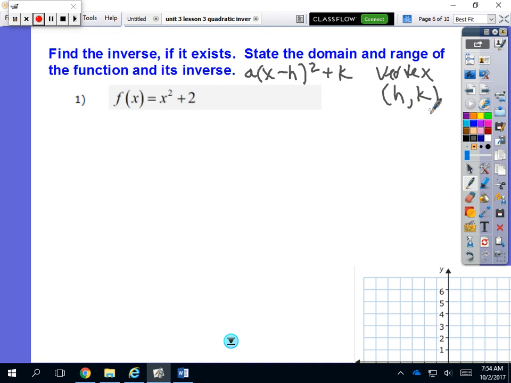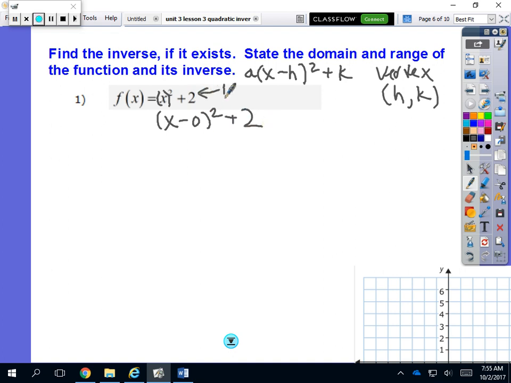So this number h at the vertex is the opposite of the number in the parentheses. Well, looking at this, I don't have anything with that x squared, so that's like saying x minus 0 squared plus 2. The 2 is your k.